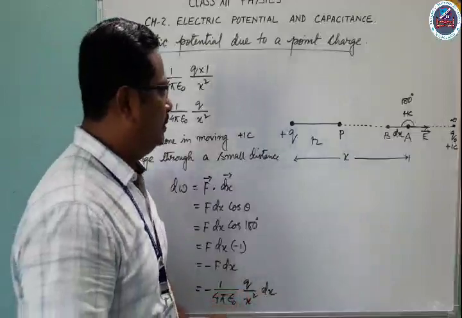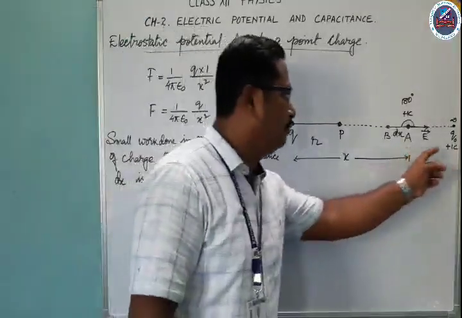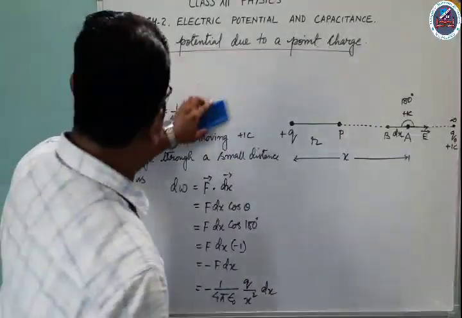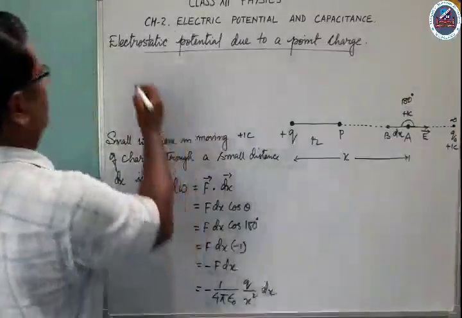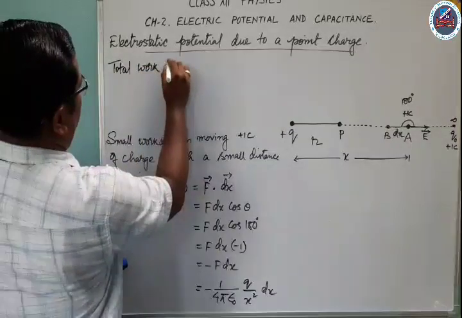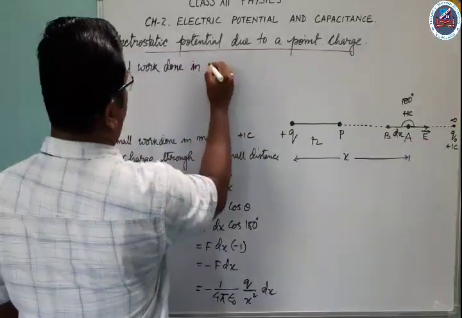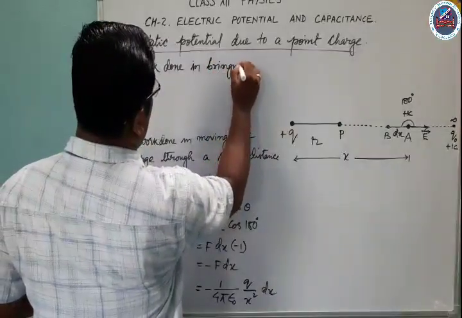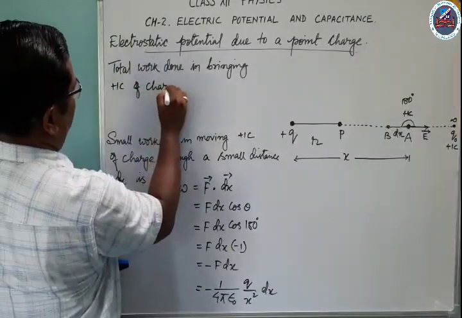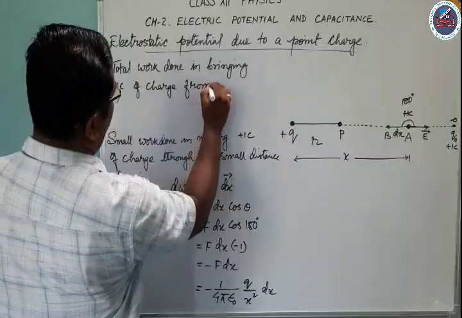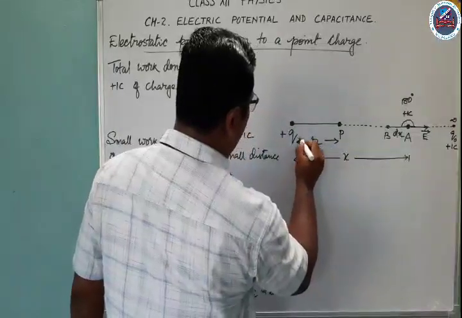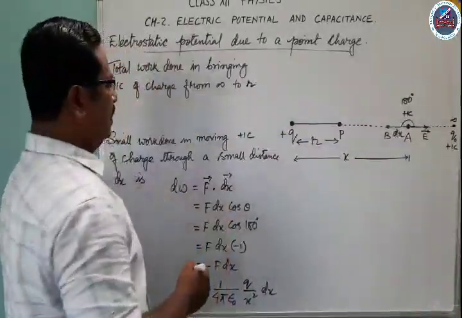Now let us calculate the total work done in bringing from infinity to this point P. Therefore total work done in bringing plus 1 coulomb of charge from infinity to this point P, at a distance r from this source charge Q, we'll write it as r.